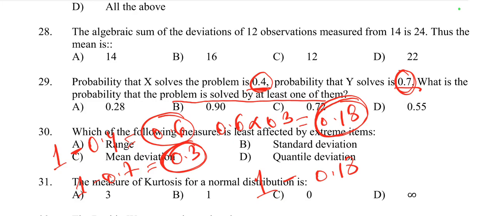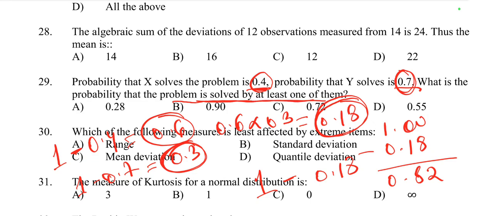So 1.0 minus 0.18: 10 minus 8 is 2, then 9 minus 1 is 8. So it is 0.82.